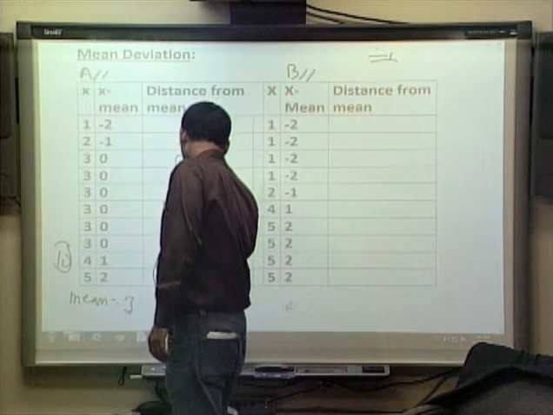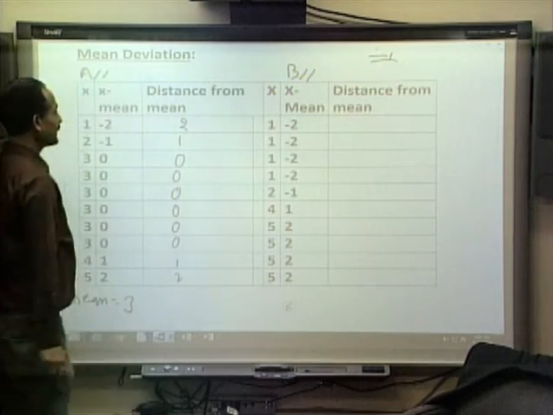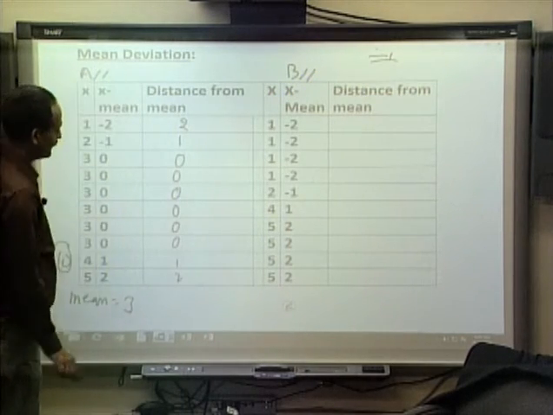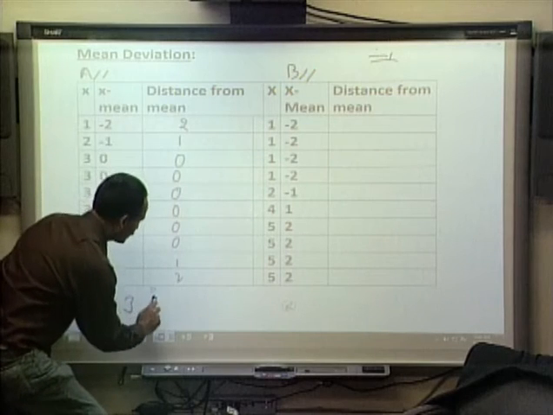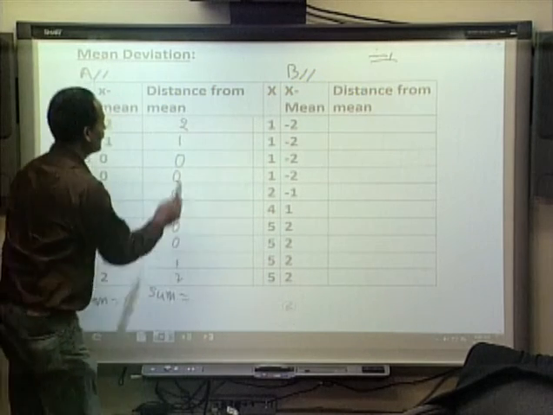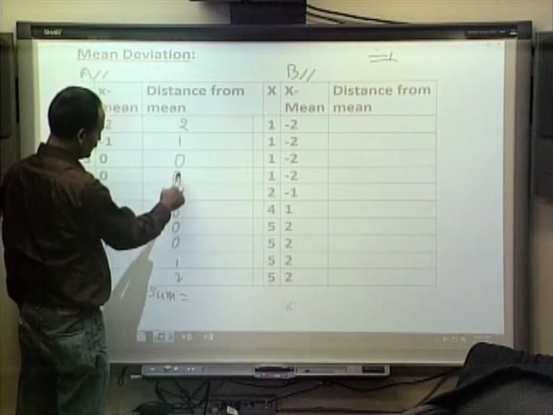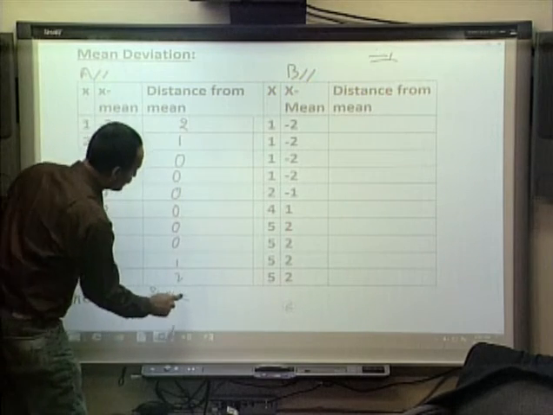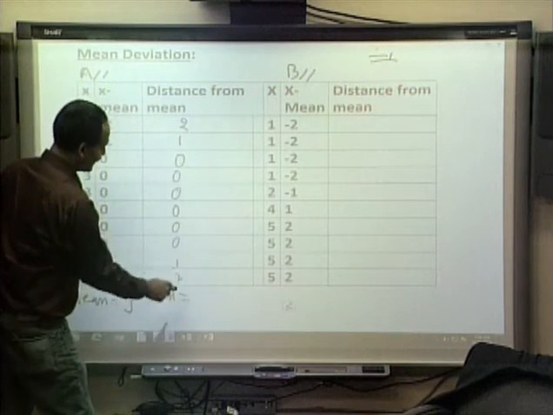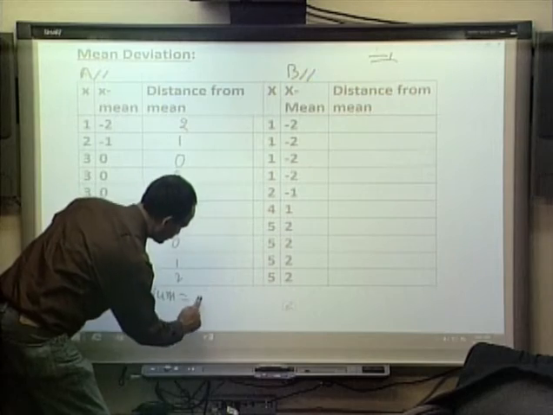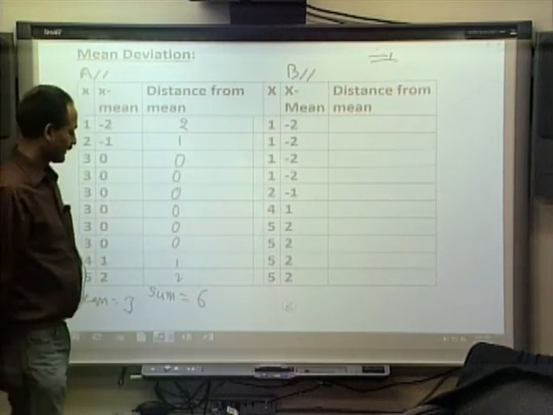So we take 2, 1, 0, 0, 0, 0, 0, 0, 1, 2. Now, in order to calculate the mean deviation, we add these numbers. 2 plus 1 is 3, plus 0s, plus 1 is 4, plus 2 is 6. So the sum will be 6.